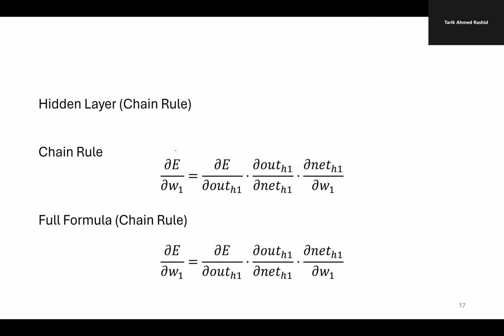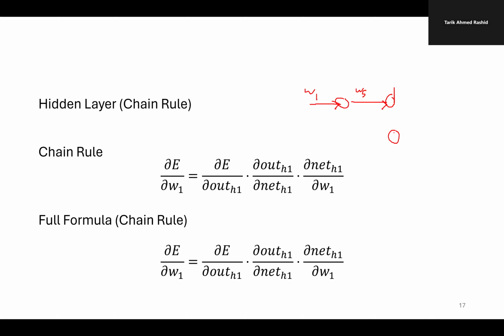Now we come to the hidden layer. Here we have 2 neurons, and that's the hidden layer. That's weight 5, and that's weight 1.